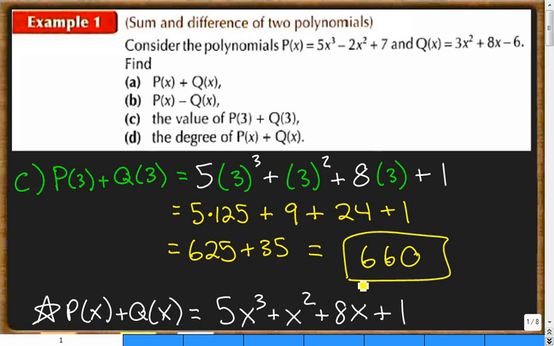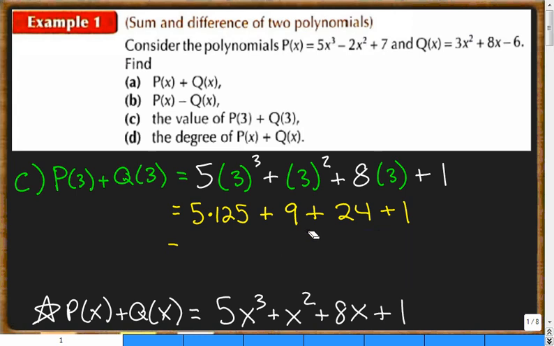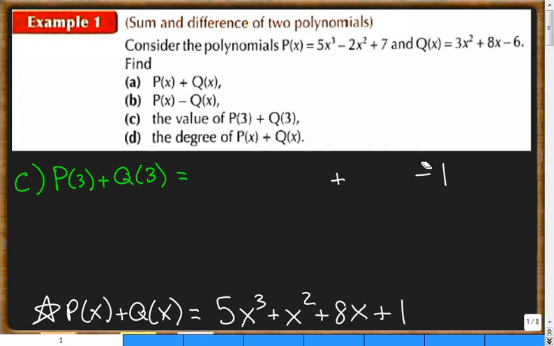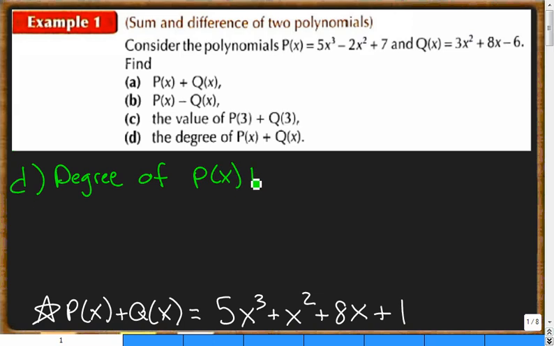Now, part D asks us what the degree of this whole thing is going to be. The degree of p of x plus q of x.